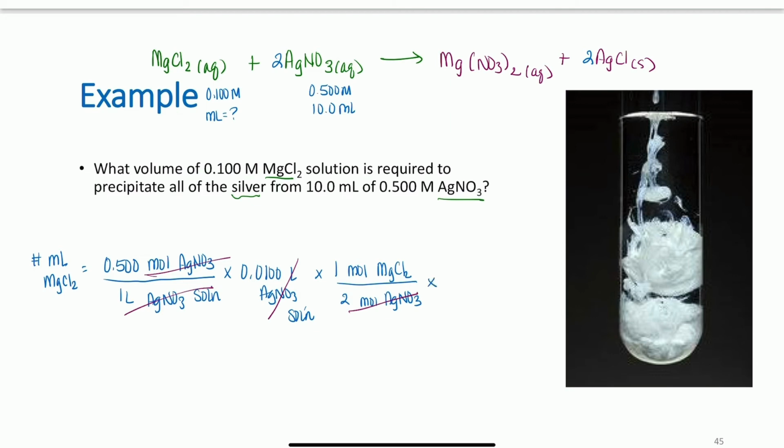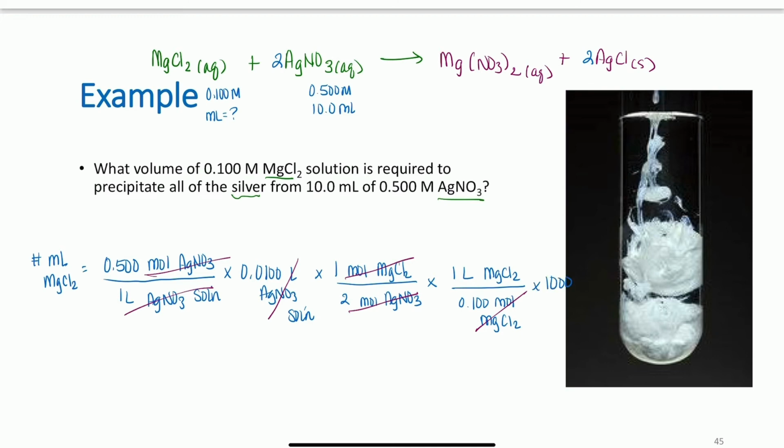I know I have a 0.1 molar solution of magnesium chloride, which means that if I had 1 liter of magnesium chloride, I would have 0.100 moles of magnesium chloride. So again, I can use molarity as a conversion factor. But this time, I need to flip the molarity so I can cancel out my moles and get my liters of solution.